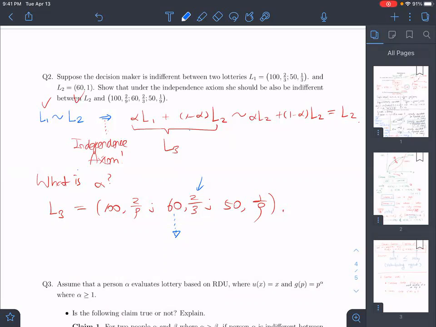So I can guess that it should be 2/3 to L2, 1/3 to L1. And then we can just check.